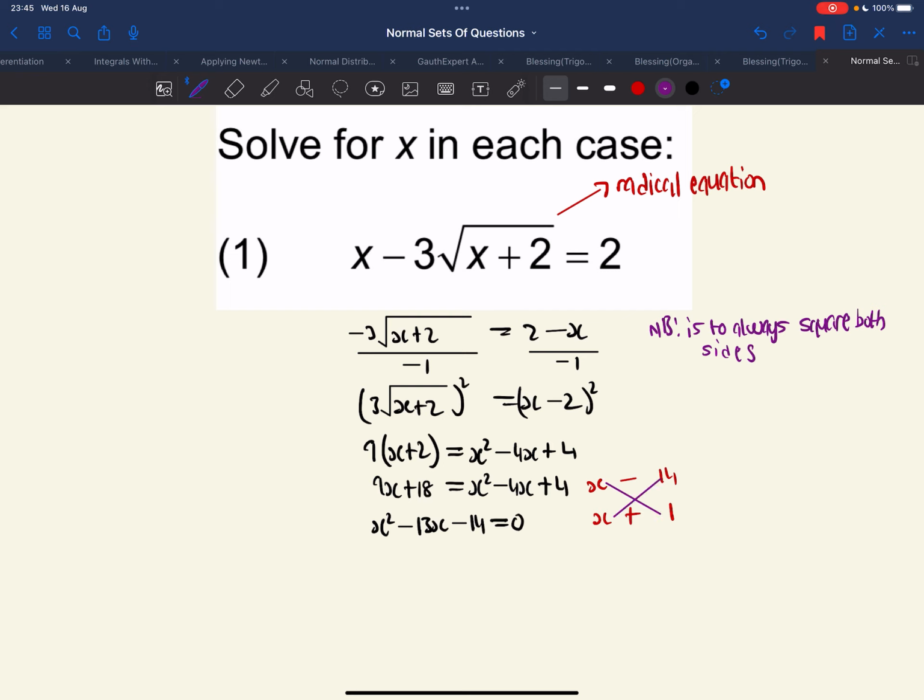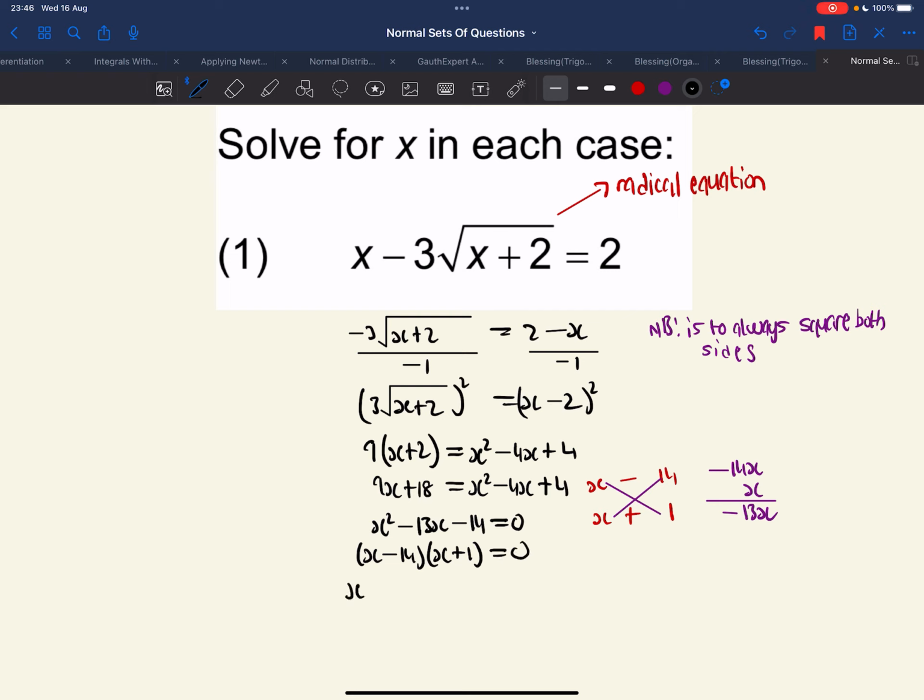If we cross multiply, we're going to have a minus 14x and x. If you add them up, they give you minus 13x. So these are the brackets that we're looking for: x minus 14, x plus 1 equals 0.